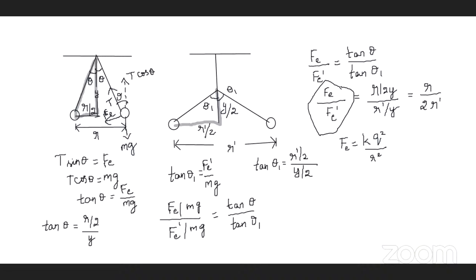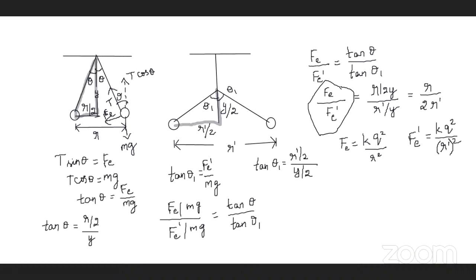In the second scenario, that is the equilibrium separation is r prime, the charges are not different, the same value of charges. So k q squared divided by r prime squared now. Okay, this is r prime squared.